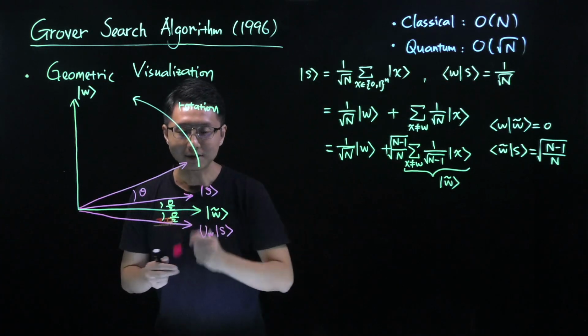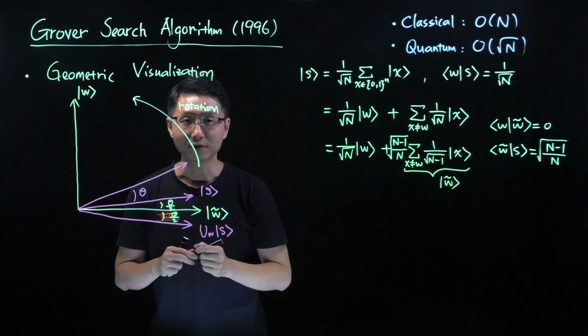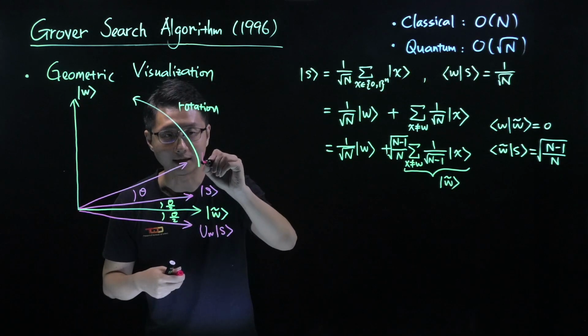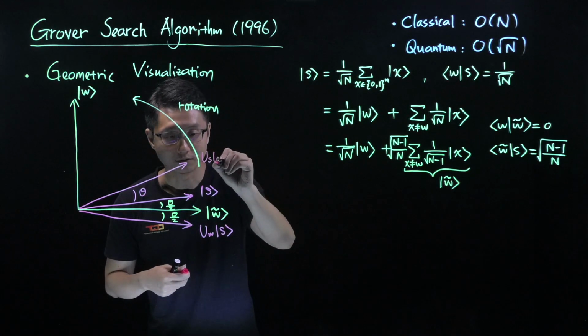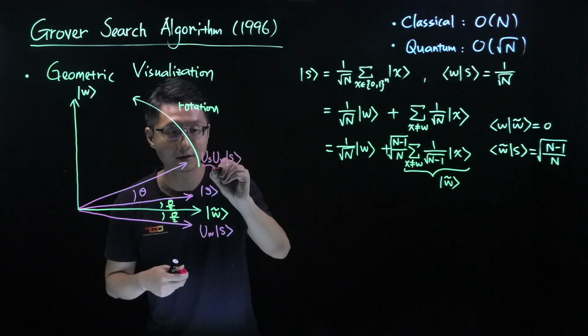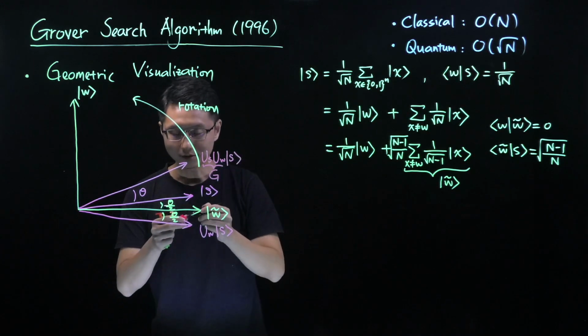Okay, so the second reflection is done with the help of what is called the Grover's diffusion operator that we will learn later. But now let me just denote this by U_S, acting on this state, which is U_W S. And let me just call this a Grover iteration, so G acting on S.